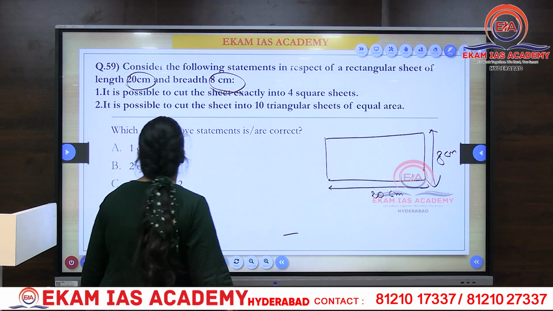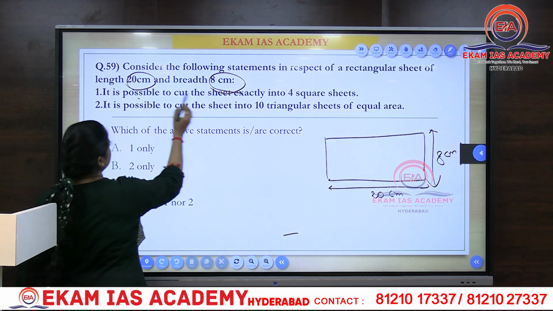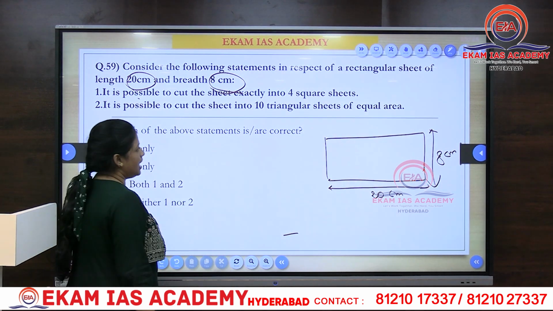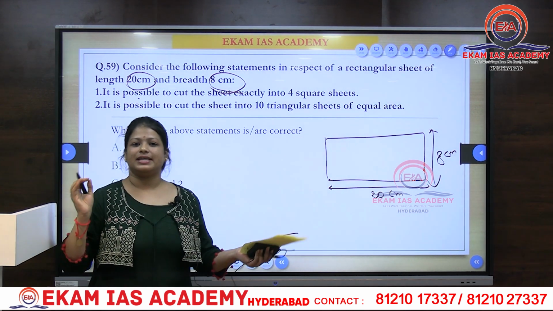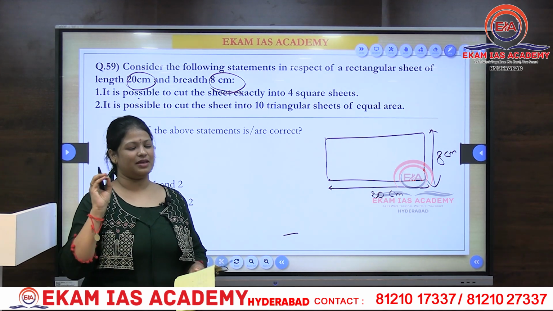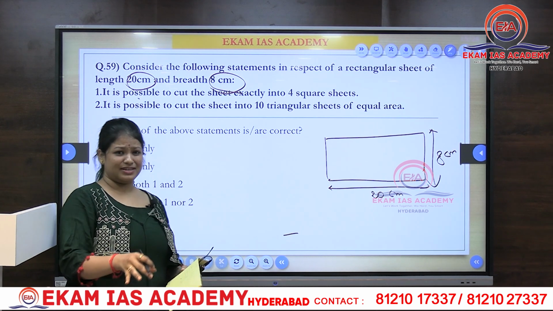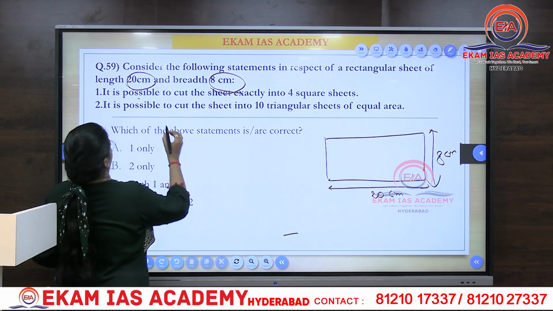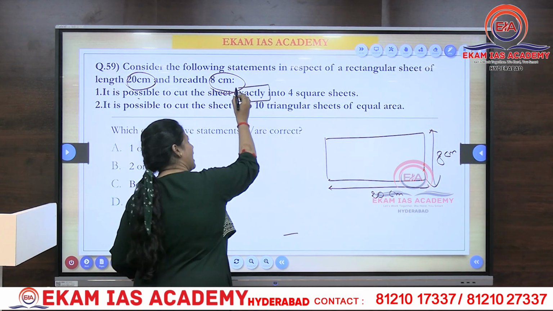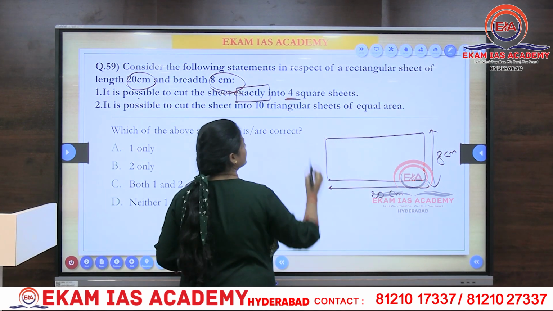Okay. First one. It is possible to cut the sheet exactly into 4 square sheets. Here, please concentrate on each and every little word of the question. It is possible to cut the sheet exactly into 4 squares.